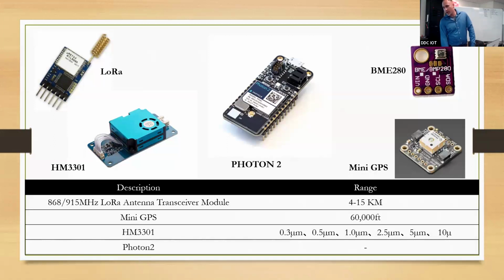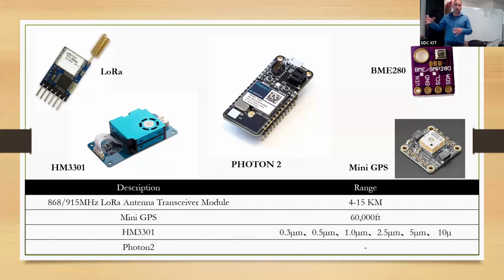Sorry. These are a few of the devices that I actually used in one of the components collectively. We have the LoRa module, that's for low power, long range communication.